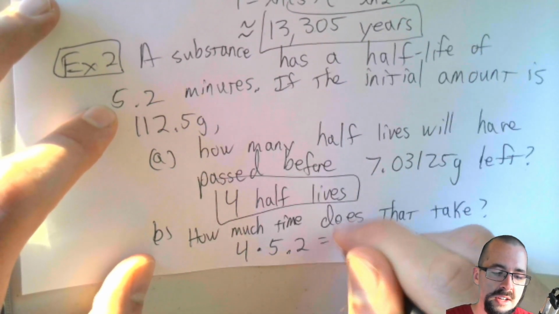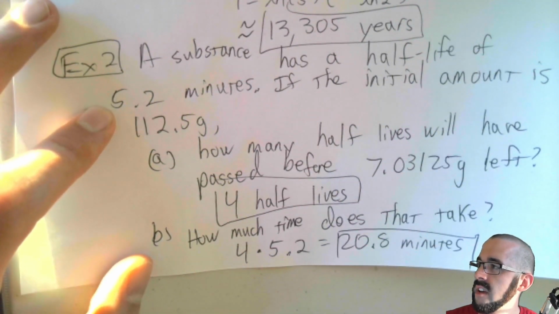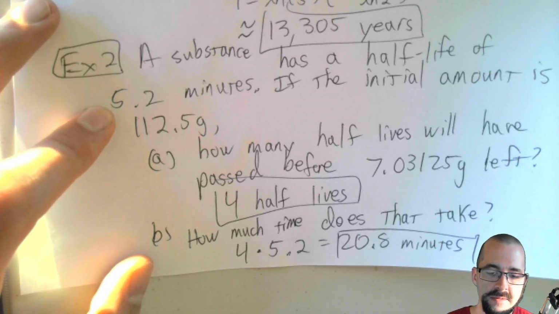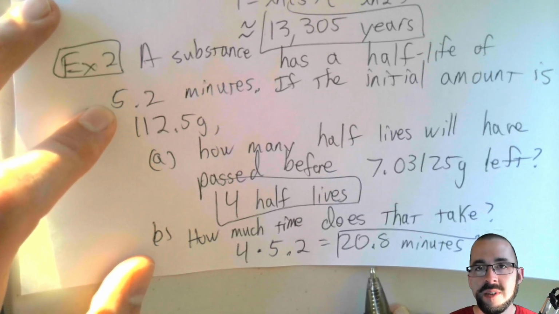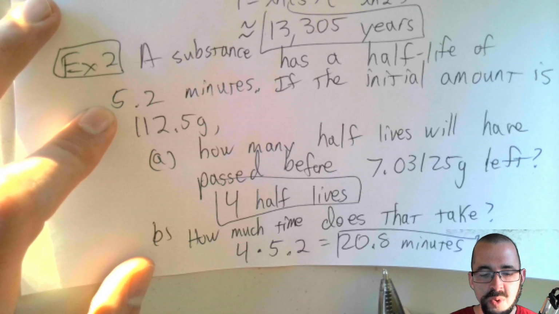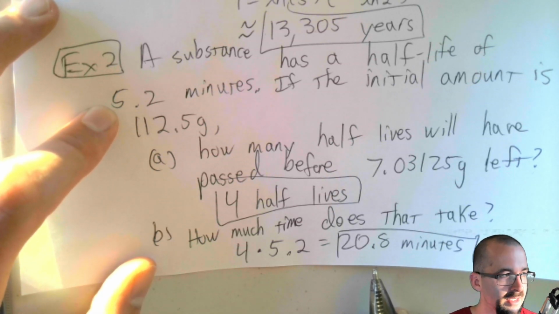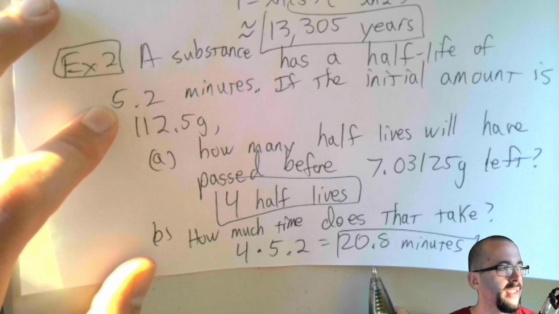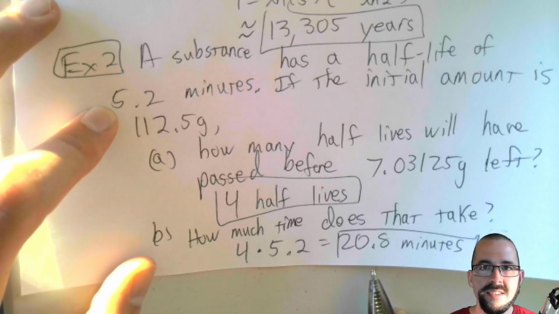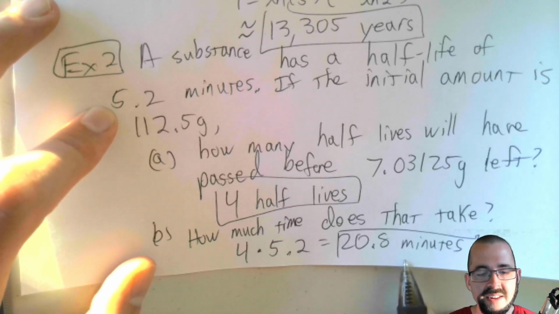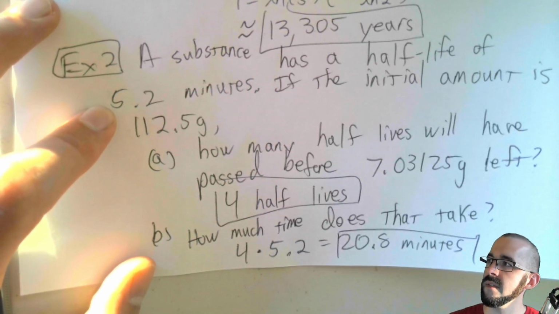So it got a lot smaller just in 20.8 minutes. And if you really want to be a superstar, you could convert 0.8 minutes into seconds. You could say 20 minutes and 48 seconds. All right. But I'll accept this as an answer.